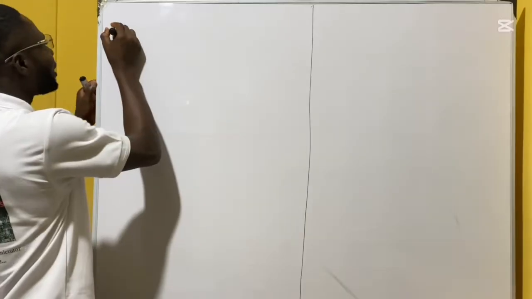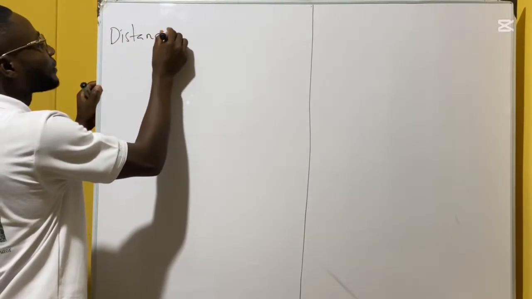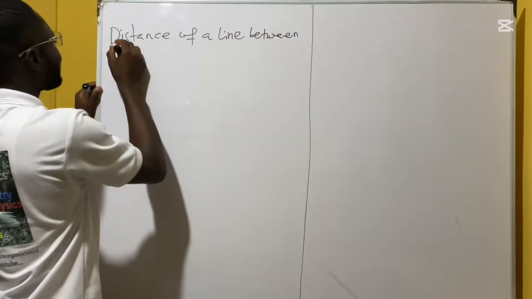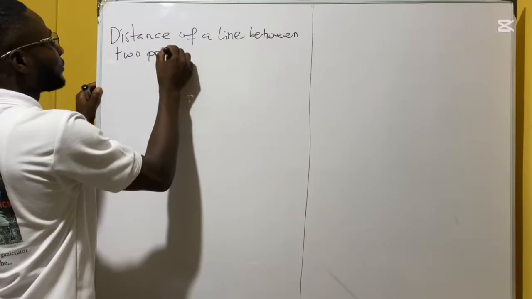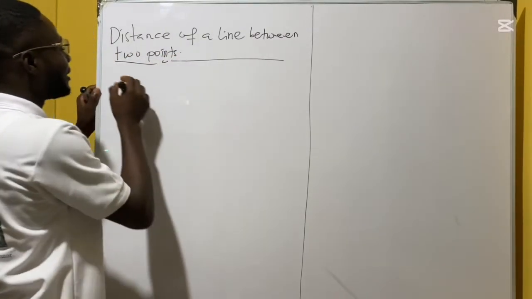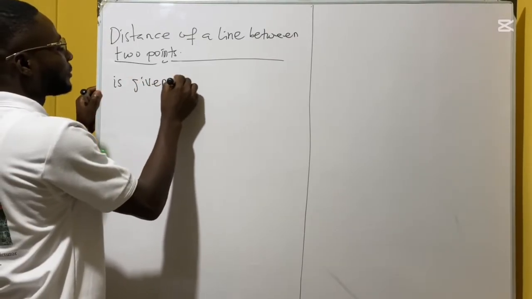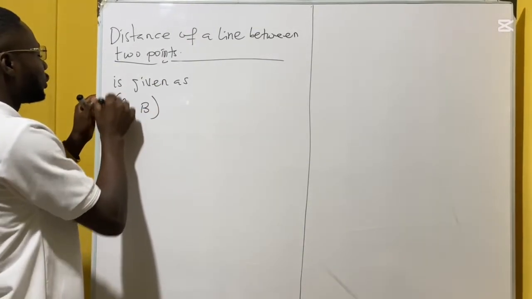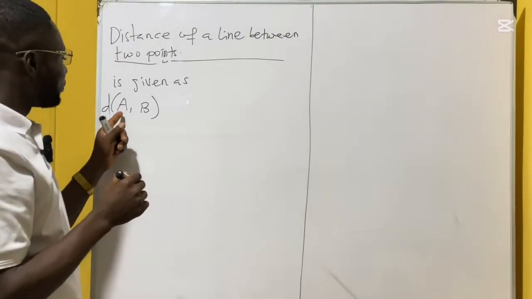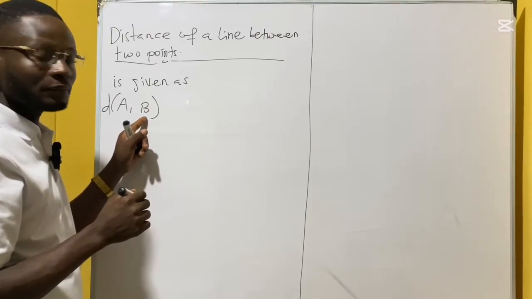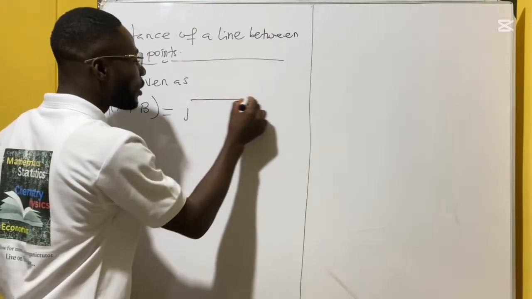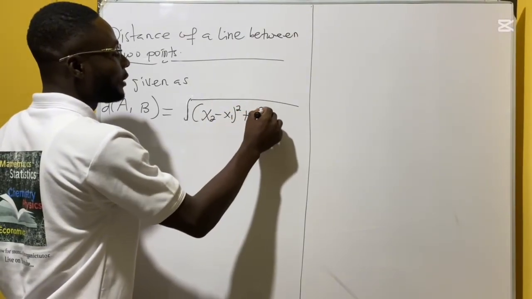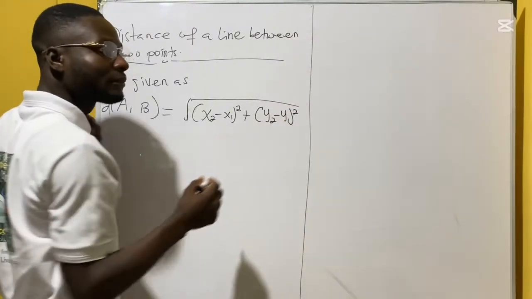Basically we know that the distance of a line between 2 points, let's say we are talking about point A and point B, is given as the square root of x2 minus x1 all squared plus y2 minus y1 all squared, right?